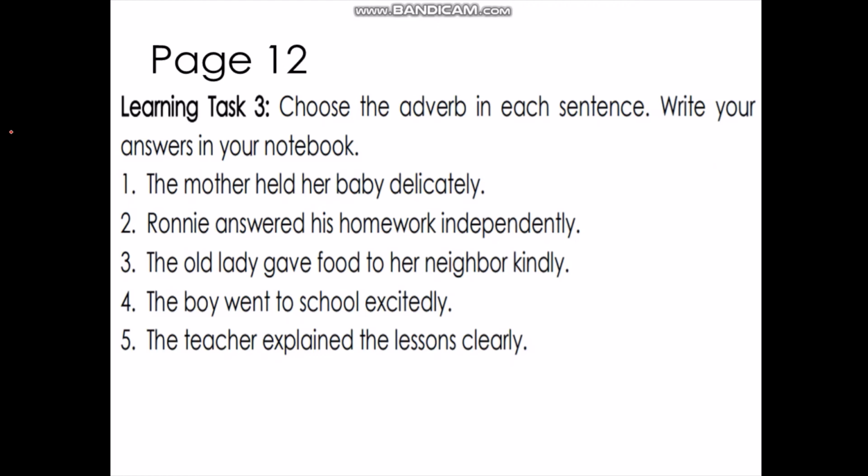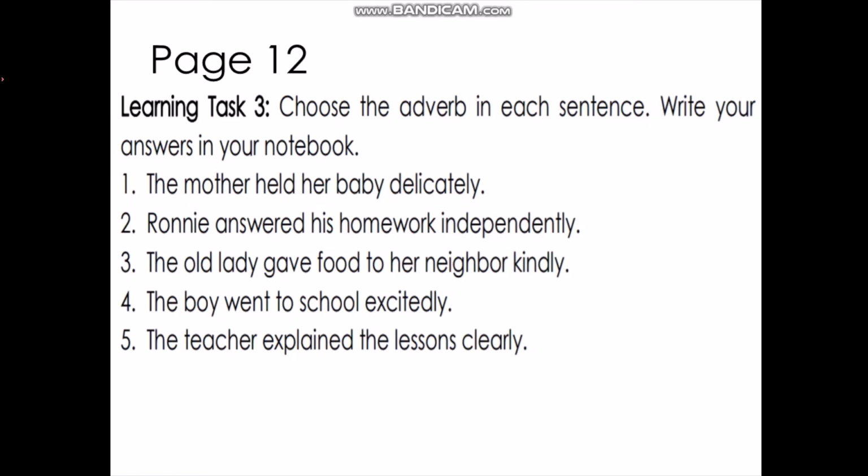For number 1, the mother held her baby delicately. Number 2, Ronnie answered his homework independently. Number 3, the old lady gave food to her neighbor kindly.